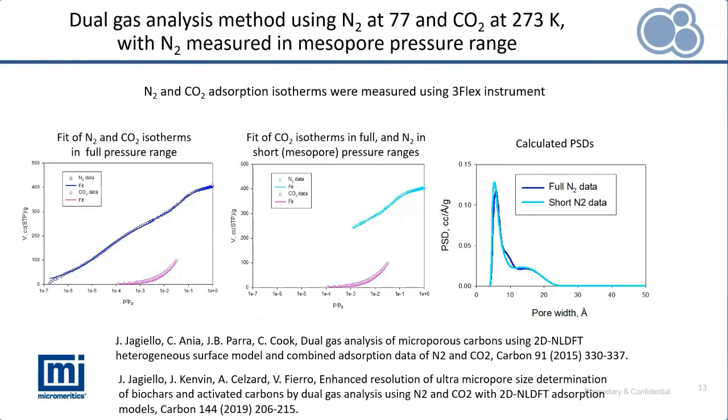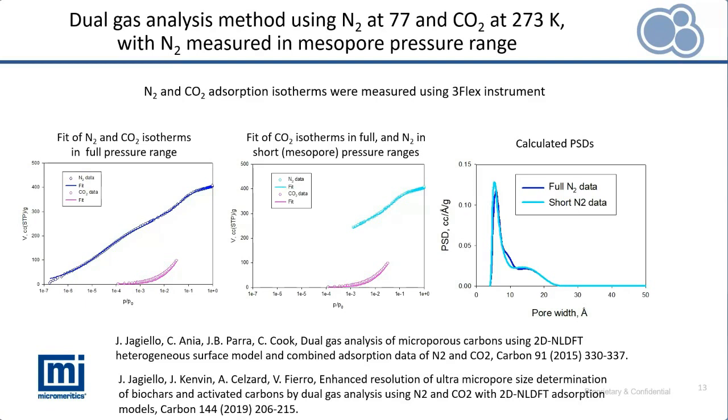The fact that the CO2 adsorption isotherm is sensitive to small pores implies that this isotherm provides information about these pores to the common distribution obtained from both isotherms. The same information is provided by the low pressure part of the nitrogen isotherm, so if this low pressure part of the nitrogen isotherm is not measured, our dual gas method can still provide the full pore size distribution.